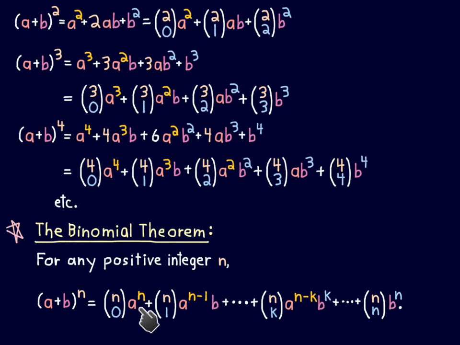So if that's n, then there's no b, there's one b, so you have one less factor of a, right? If you have k b's, then you have n minus k factors of a, and here you have n b's, so you can't have any a's because you're using up all n factors.